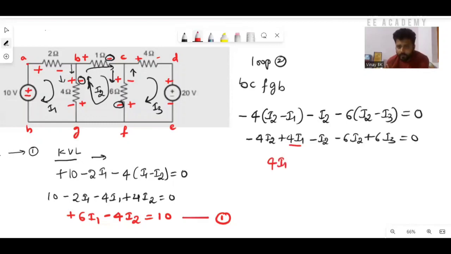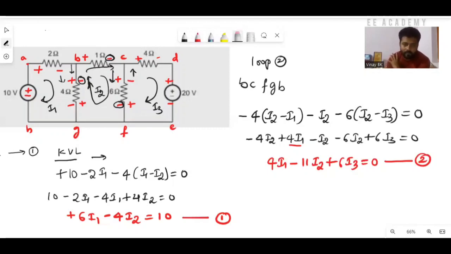Minus 4 minus 1 minus 6 is minus 11I2. I3 term is only one, that is plus 6I3 equals to 0. This is equation number 2. I hope you understand it.